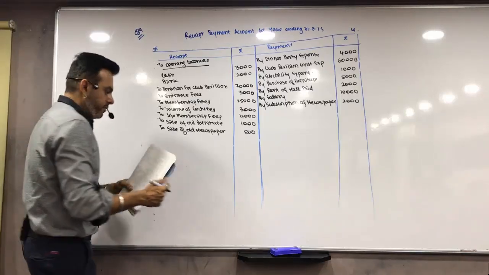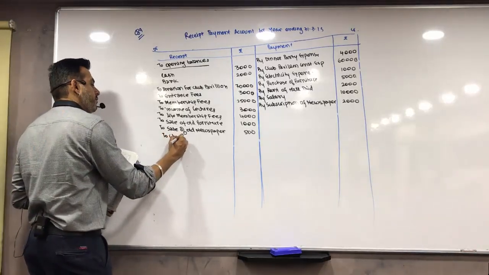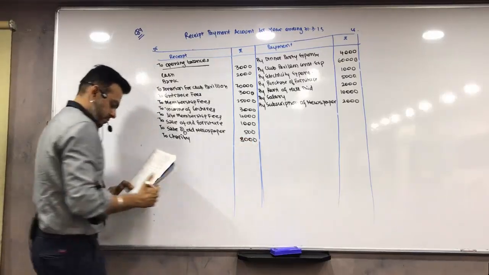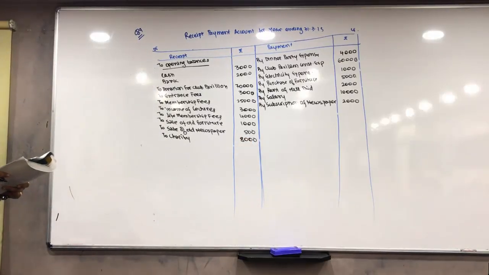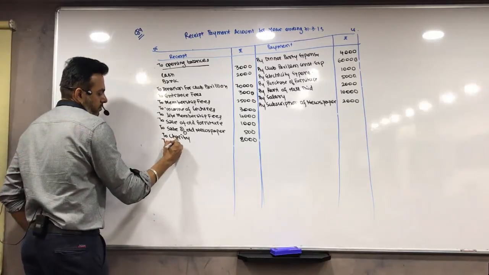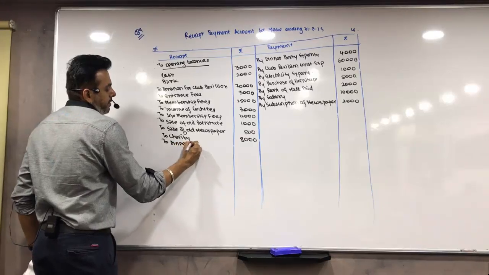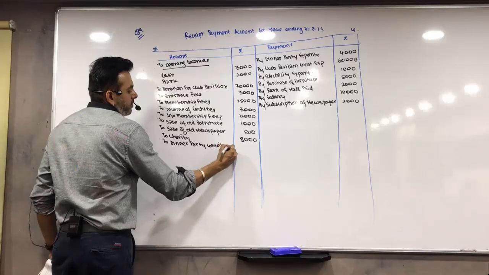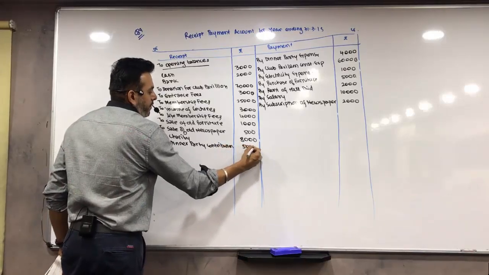Charity. Receipt to charity, 8,000. Dinner party contribution 5,000. To dinner party contribution 5,000.